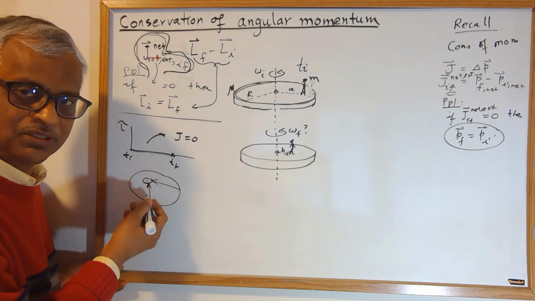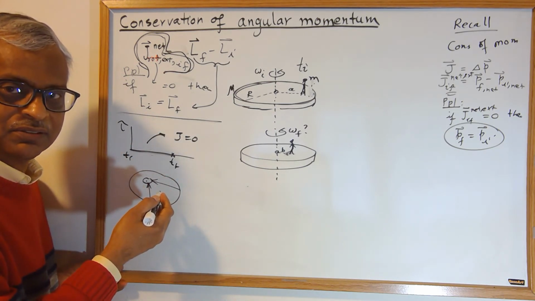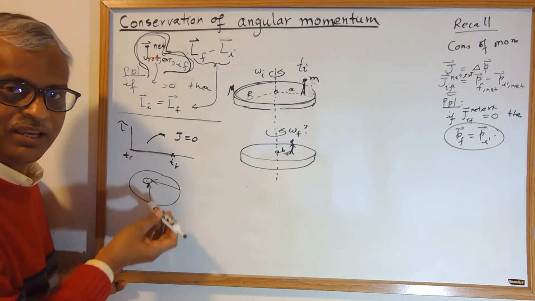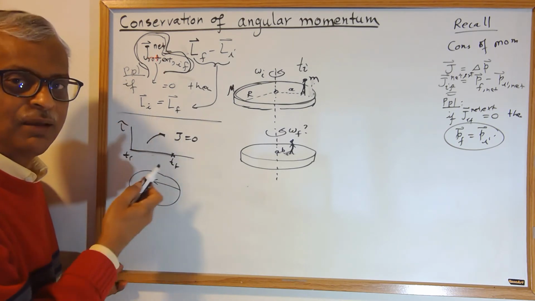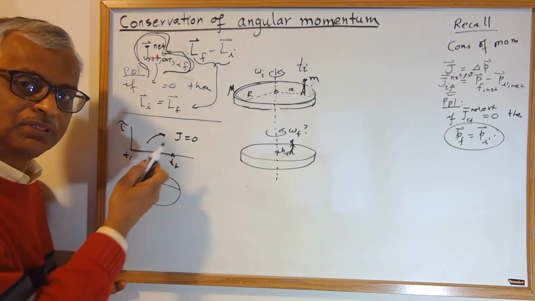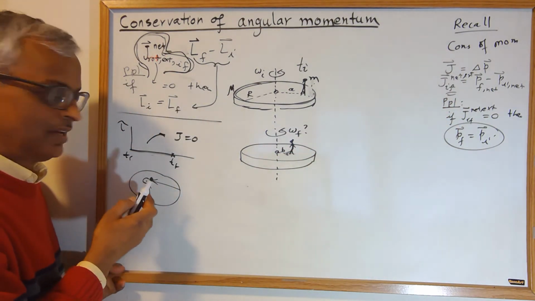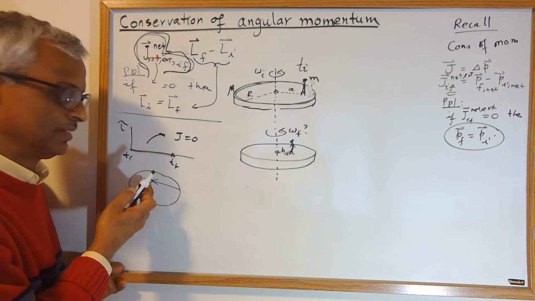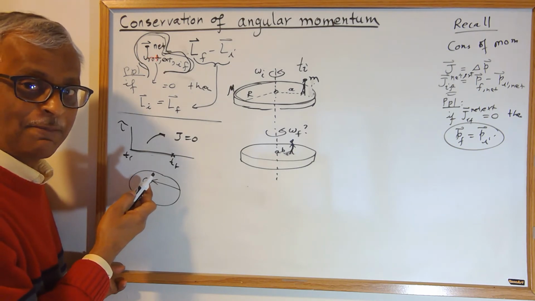So even if there is an external force, but it is going through the axis of rotation, then its torque will be zero. So the force doesn't have to be zero, okay? One thing to notice here: over here the force had to be zero, all right? Here the force doesn't have to be zero, even if there is a force. So that makes this principle very powerful, okay?